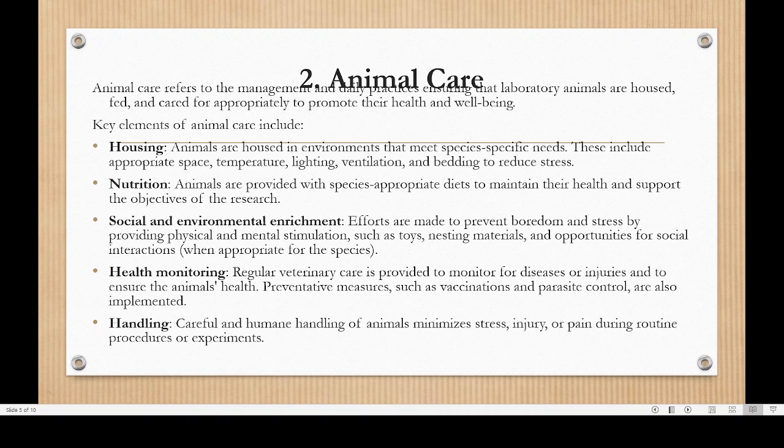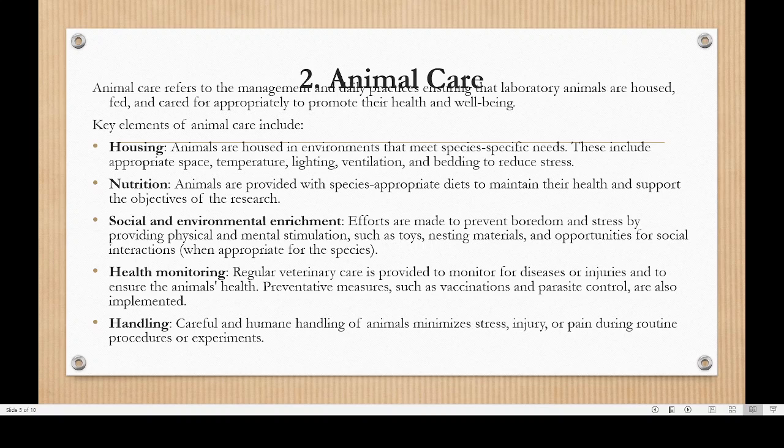It is very important that these animals are kept in a proper cage where there is sufficient air circulation, sufficient food, sufficient water, and they are given good care. Otherwise, not only will the animal suffer, even the result of our testing may not be accurate because the animals are stressed.